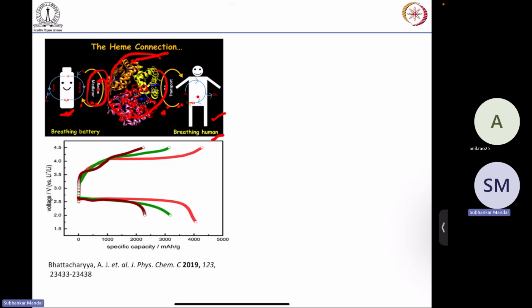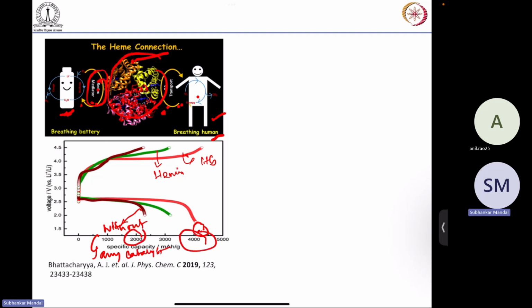Here you can see that the red one is the hemoglobin, the blue one is the hemin, and this one is without any catalyst. You can see that the capacity of the battery is quite high, 4,000.